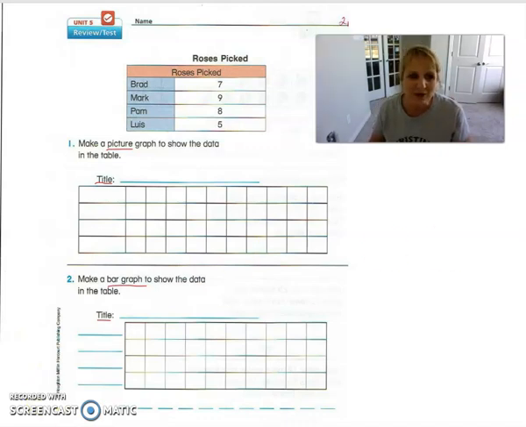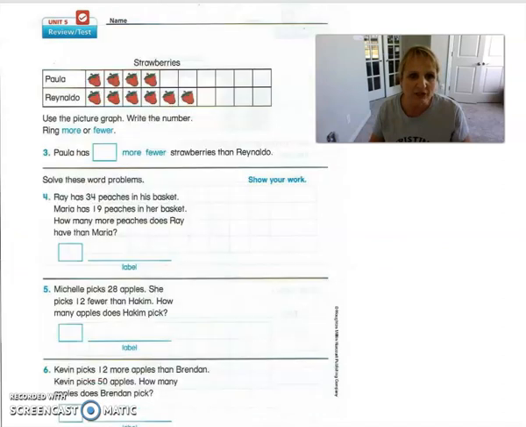Okay, boys and girls, we are ready for the back of that page. Turn to the back, and you will see number 3. Up here we have a table that shows strawberries and 2 children, Paula and Ronaldo. Use the picture graph right here with the strawberries. Write the number, ring, which means circle, the words more or fewer.